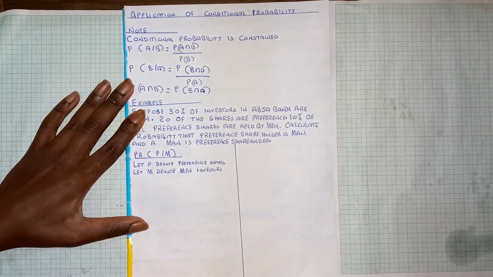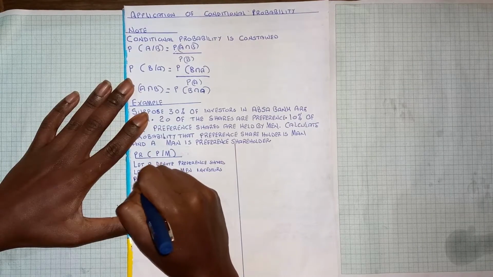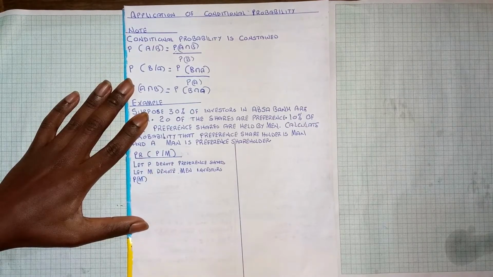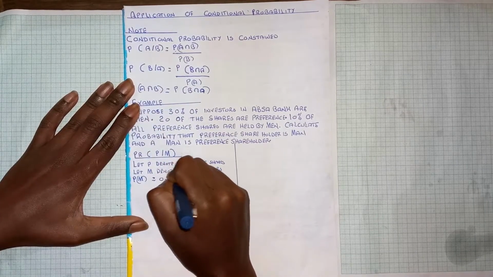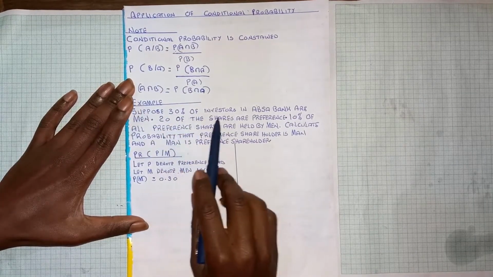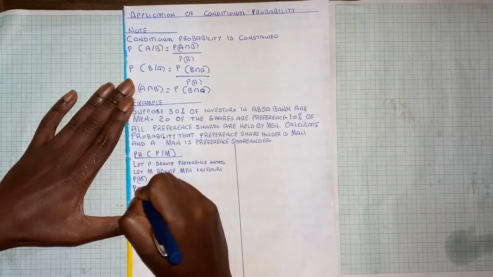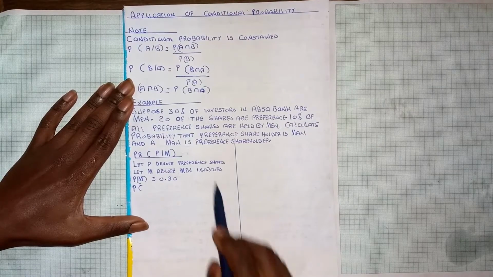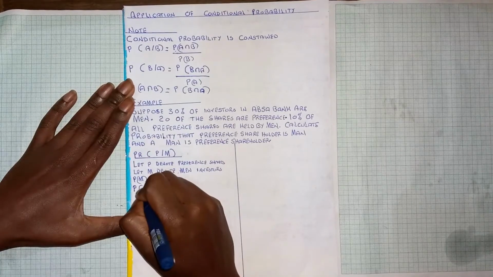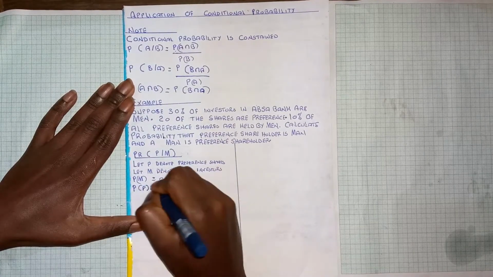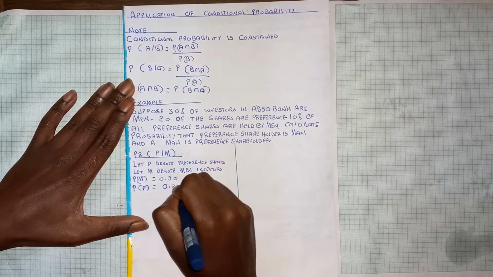Therefore, the probability of a man being an investor is 0.30, because 30% of investors in Absa are men. The probability of 20% of the shares being preference, let us use a small p, is equal to 0.20.